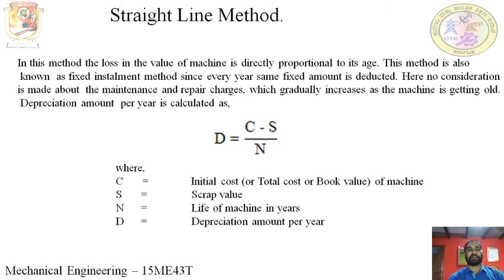So, the straight line method. In this method, the loss in the value of the machine is directly proportional to its age. If the year changes, then its depreciation and its value change.